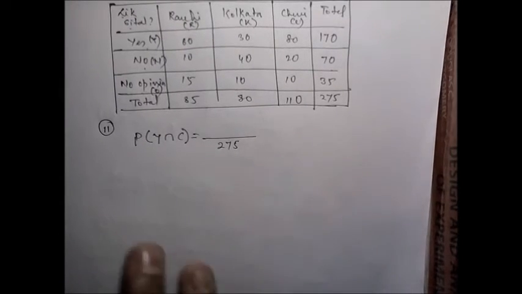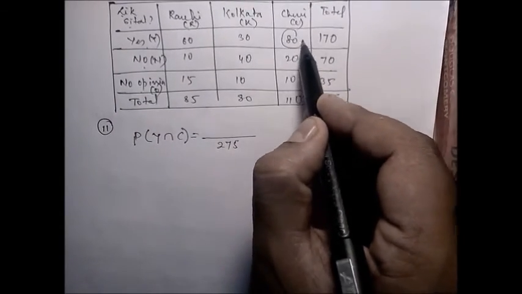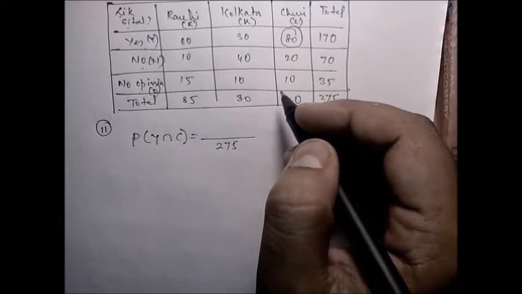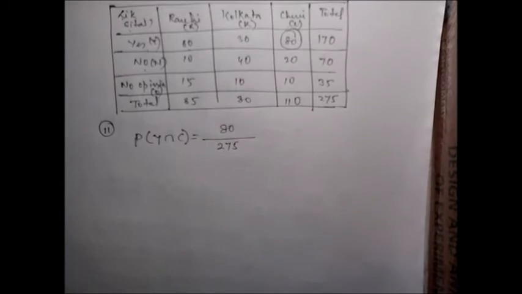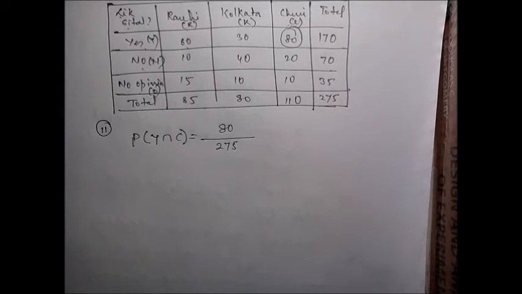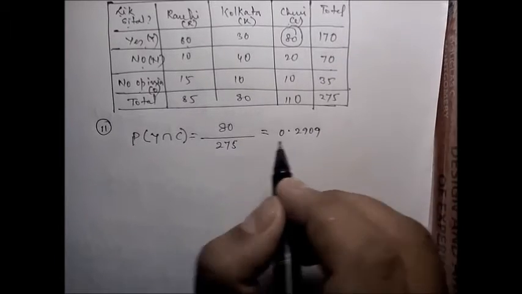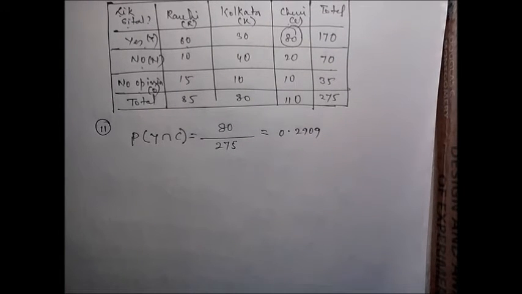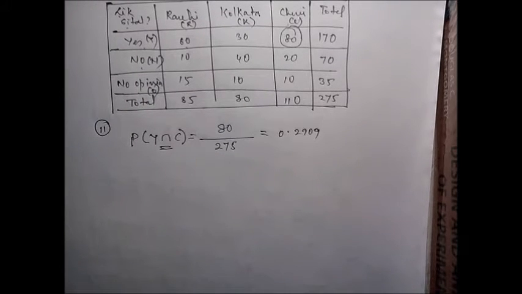Out of 275, 80 are from Chennai who prefer Sheetal. So the probability is 80 by 275. Clear? If you solve this, you get a probability of 0.2909. So the probability that the customer prefers Sheetal brand and he or she was from Chennai, that's why it is an intersection, is 0.2909. Clear?